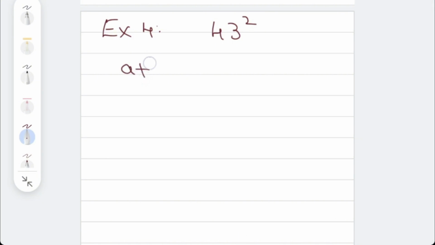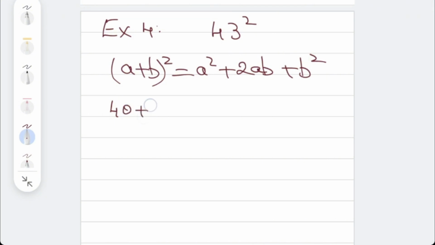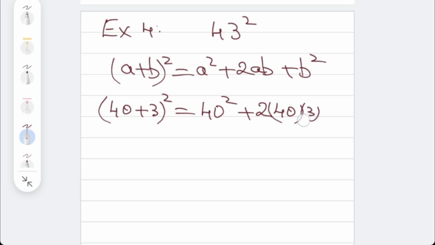So let us keep writing it again and again so that it becomes very easy to remember: a square plus 2ab plus b square. Please memorize this forever. Okay, so 43 we write as 40 plus 3 whole square, which is 40 square plus 2 into 40 into 3, and then 3 square.